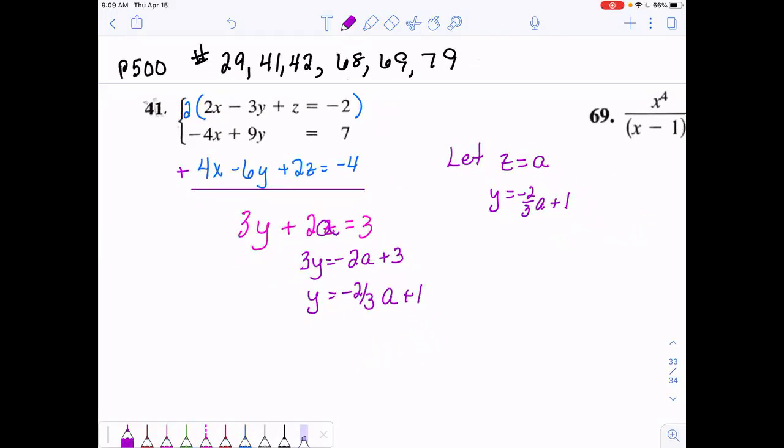So if I use that second equation, I have negative 4x plus 9 times negative 2/3 a plus 1, because that's now y. And then that's equal to 7. Again, you could have used the first equation as well. I'm just using the second equation because it only contains the x and the y.